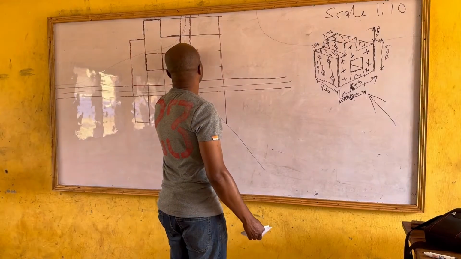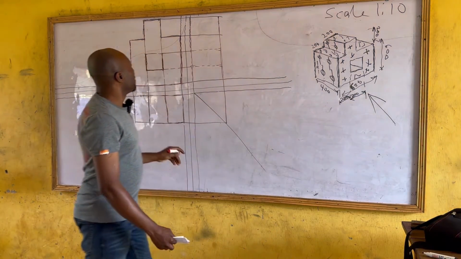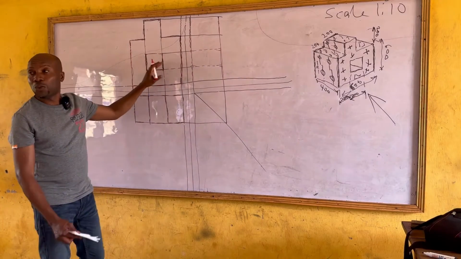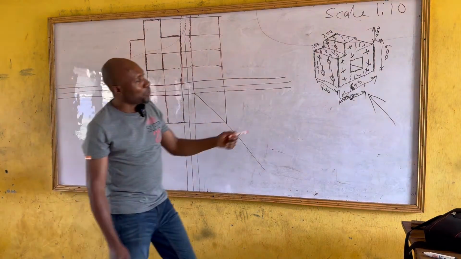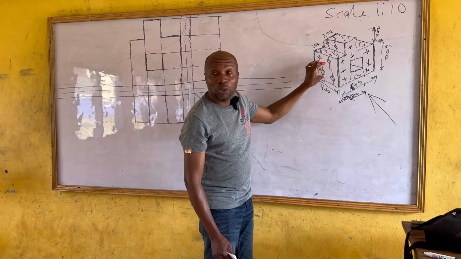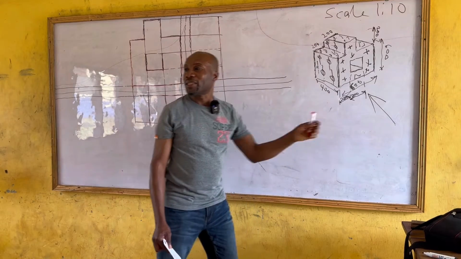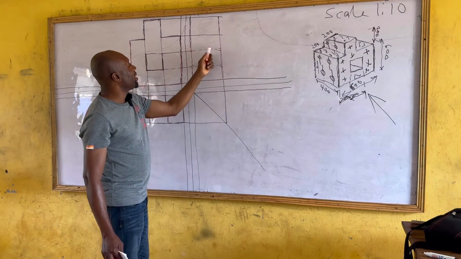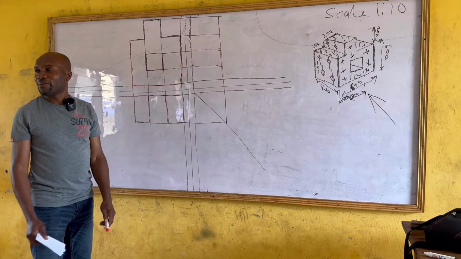Here it's like this. This indicates that there is a hole in the figure. Because from here, you are not going to see the hole, but you have to indicate that there is a hole in this block. So we have this hidden line indicating that there is a hole in this figure.